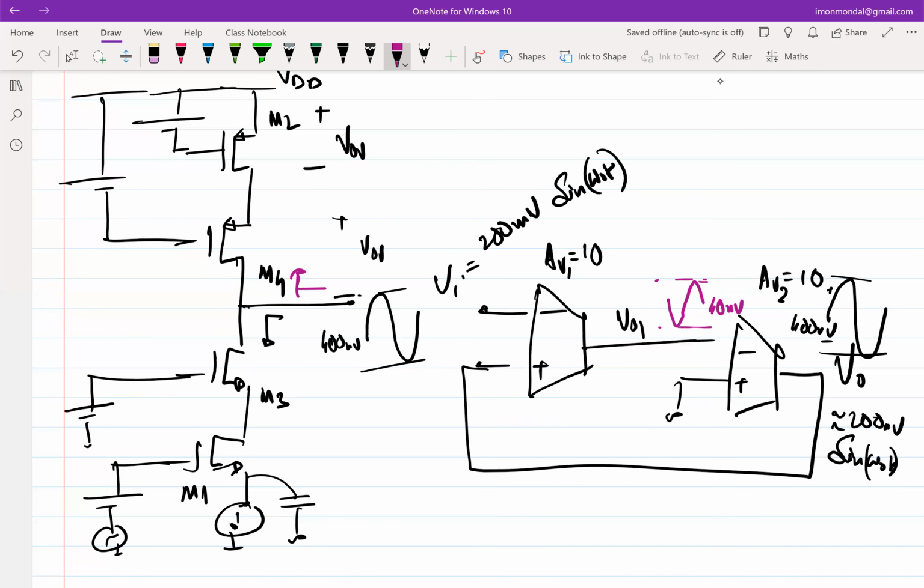Or is there a trade-off with respect to signal swing? Why? For maximum swing, the Cascode reduces swing, right? Because it cannot go all the way up and down. Because the moment you put a Cascode, you are losing one V overdrive, isn't it?